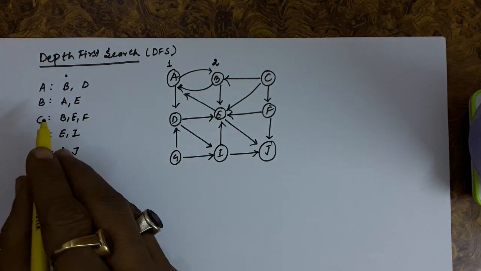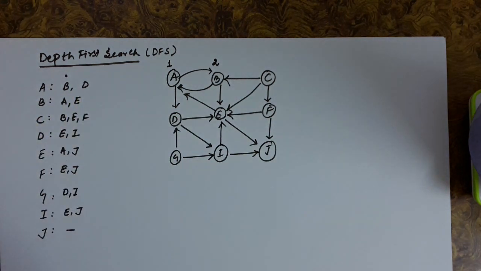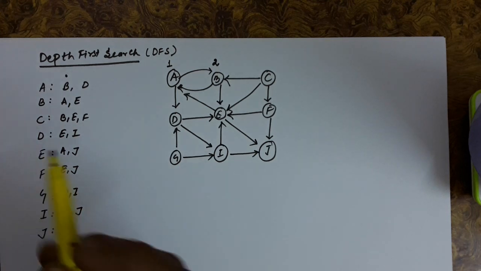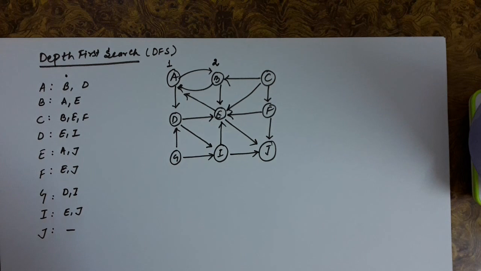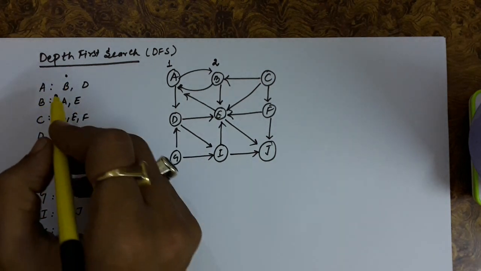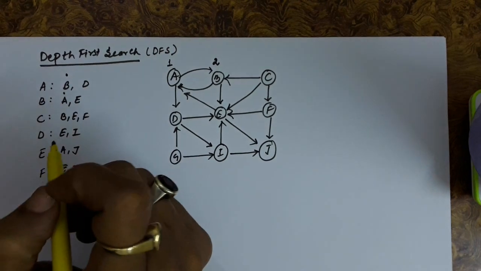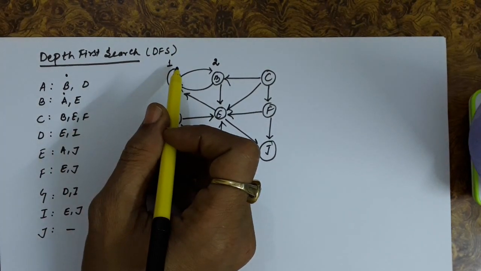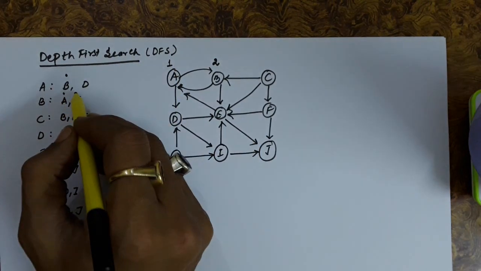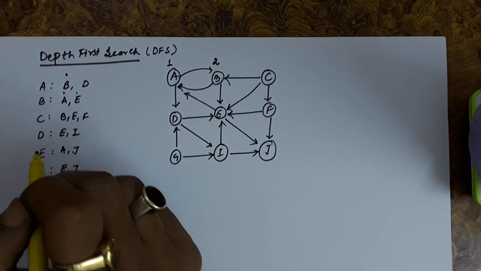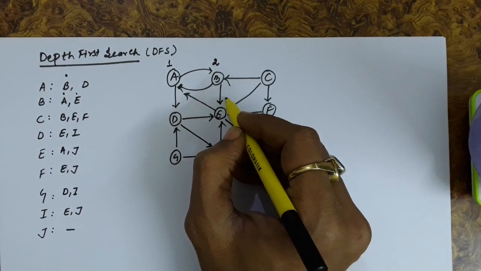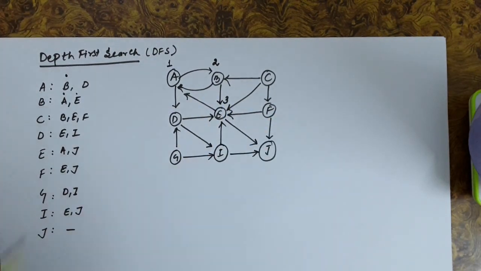Now, without seeing the connection to D, we go in the depth of B first. B has a connection to A, and A has already been explored at time 1, so we will not explore it again. So we see E. Now let us explore E at time 3.